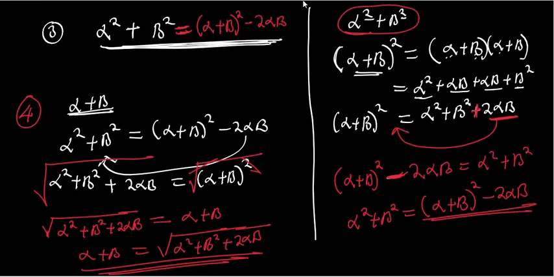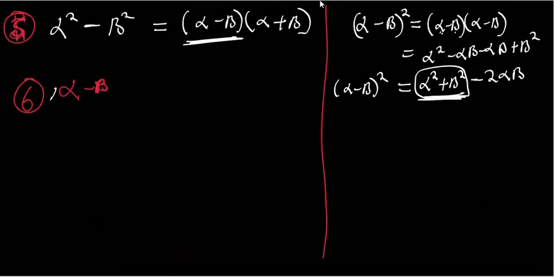When I say alpha squared plus beta squared, what answer did I get? The answer was this, in short, right? That is the answer that we had. So that is the identity there.